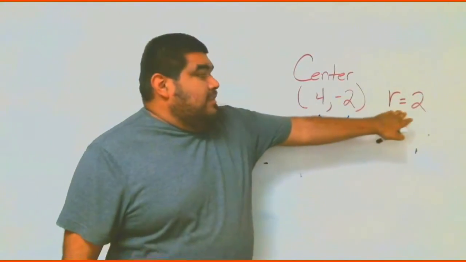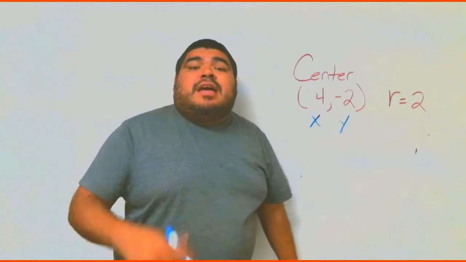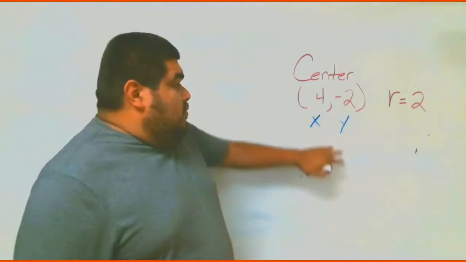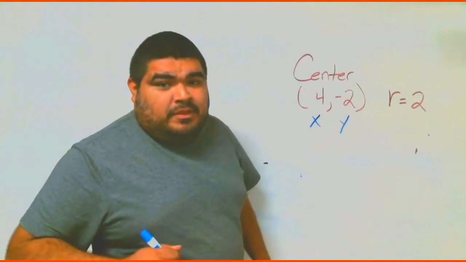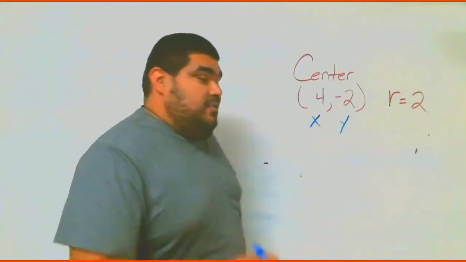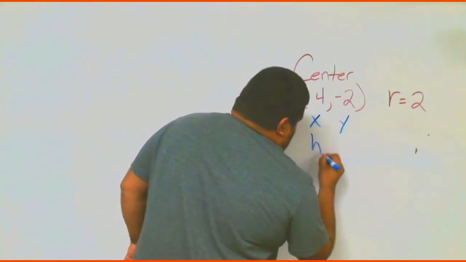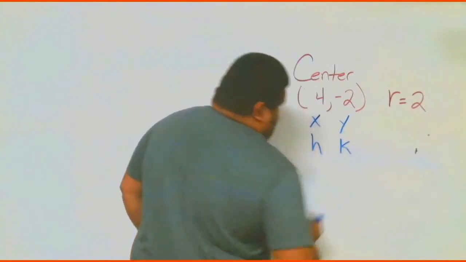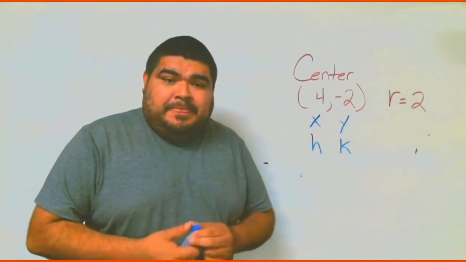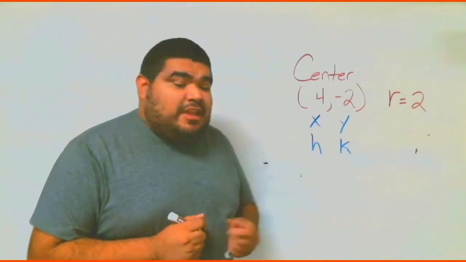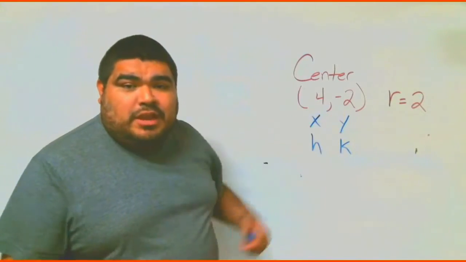And then the radius is 2. That means that we have x and y, which, if you remember, are also known as h and k. So, now that we have h and k, we can plug it into the equation.